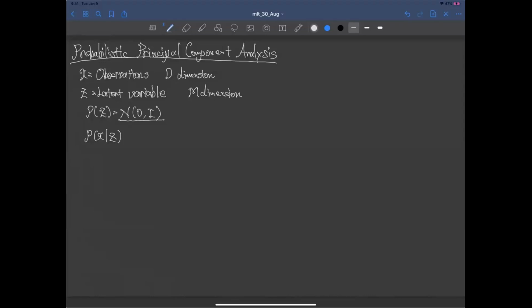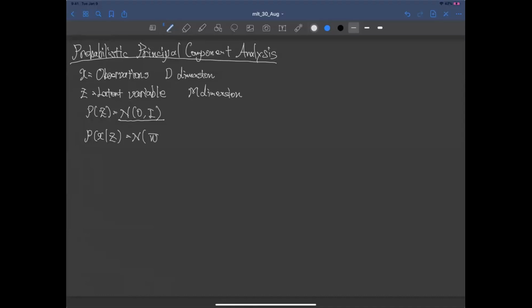Then the observations are sampled. This is the basic mechanism of probabilistic principal component analysis.